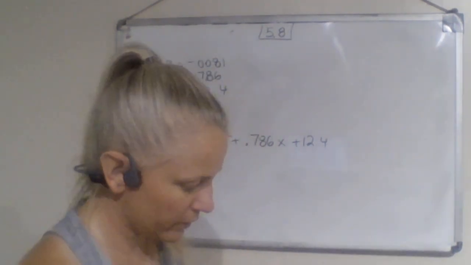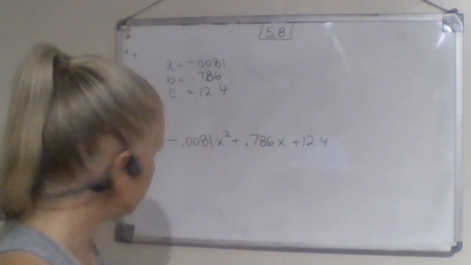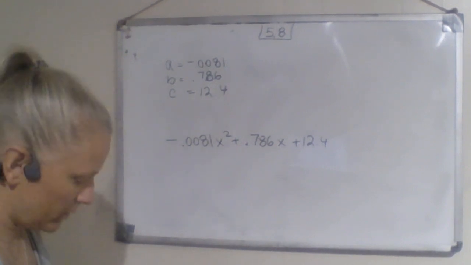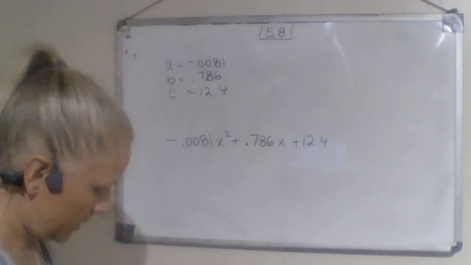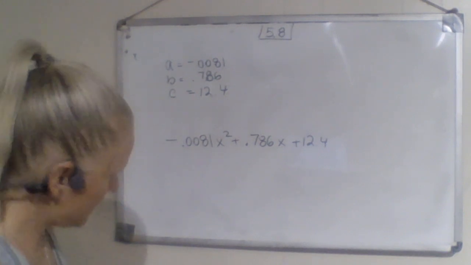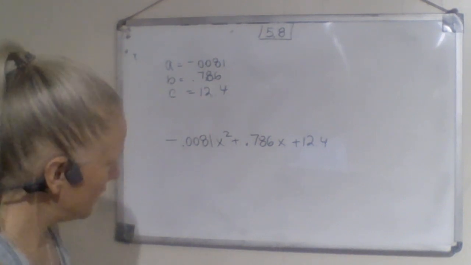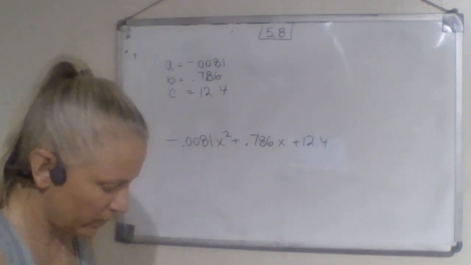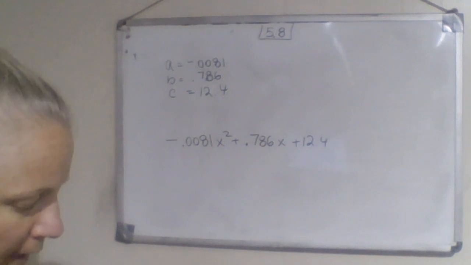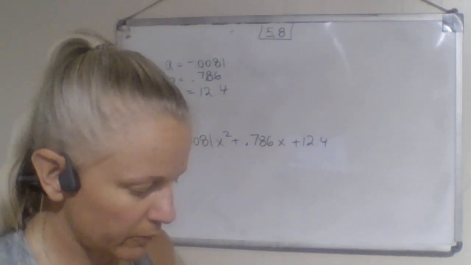Instead of working example 3, I'm going to plug this in here: negative 0.0081x squared plus 0.786x plus 12.4. And then I'm going to do a zoom 6. I don't think it's going to work, but I need to see how it graphs in order for me to understand where it goes.